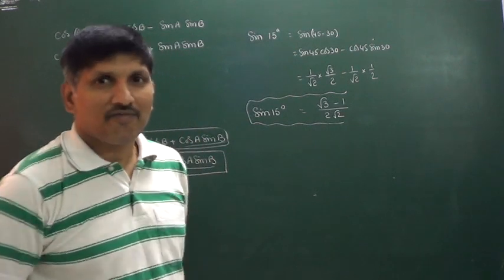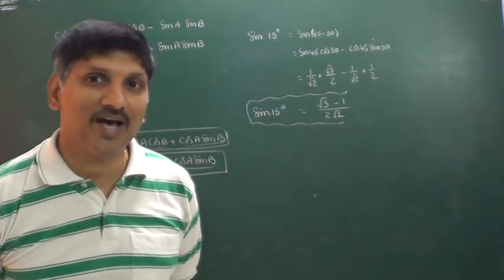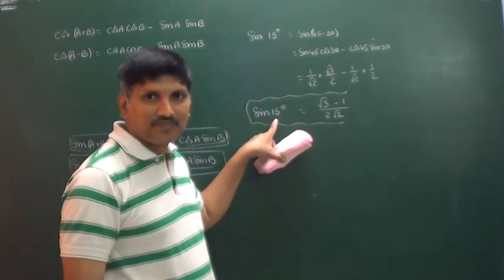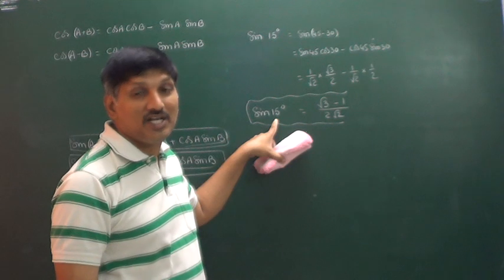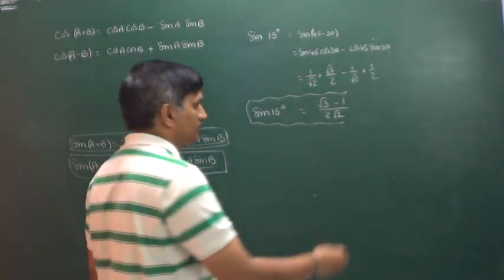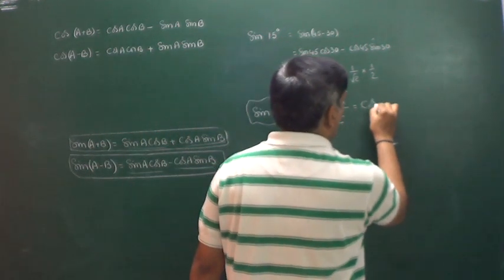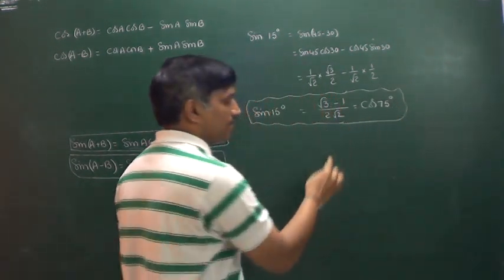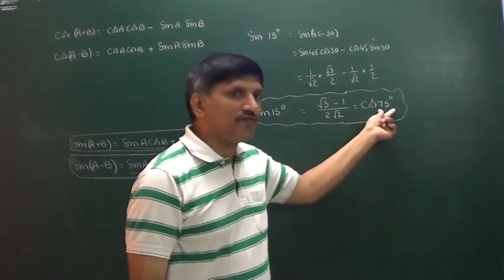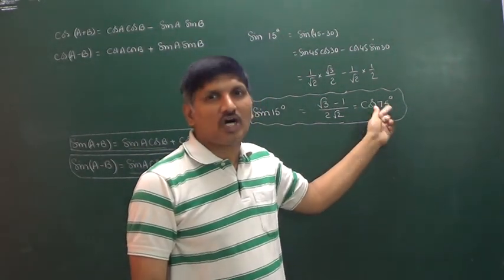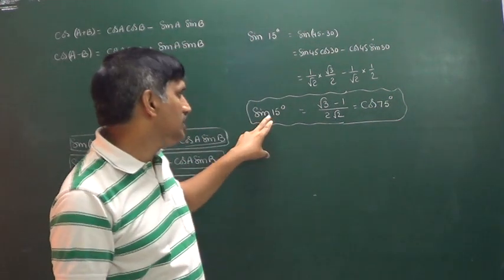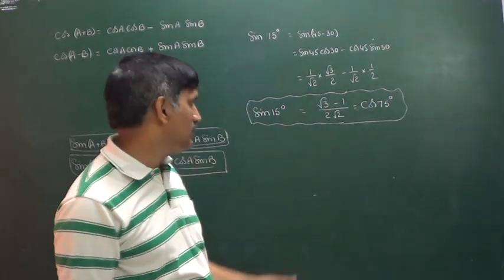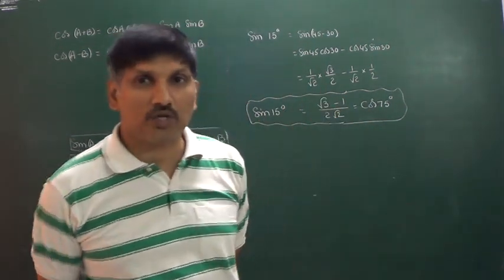Now the sin 15 degrees value is the same as cos 75 degrees, because 75 can be written as 90 minus 15, and cos(90 minus theta) is sin theta.